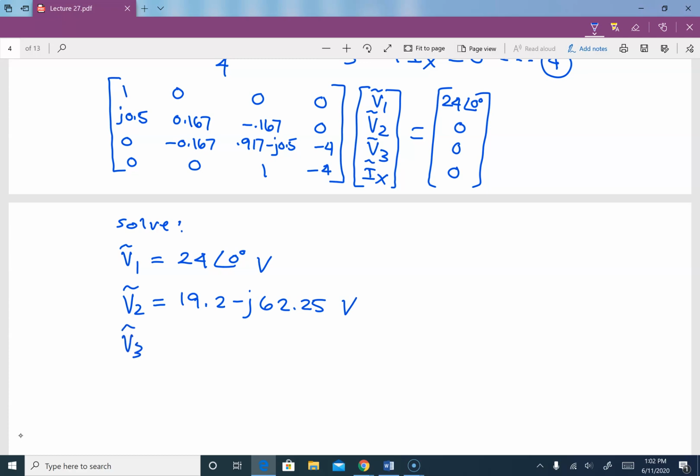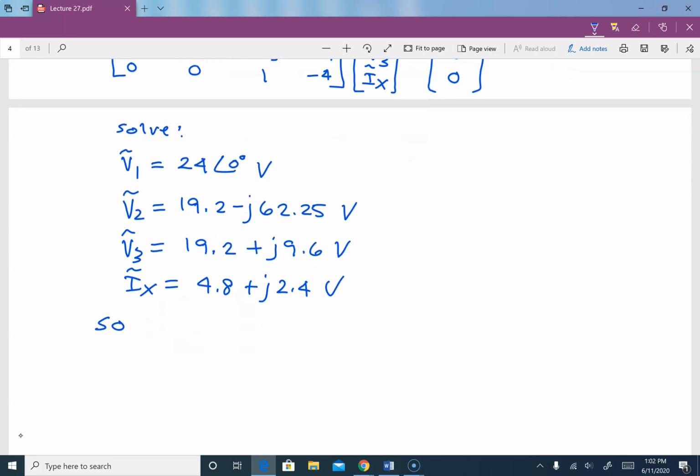Our V3 came out to be 19.2 plus J 9.6 volts. Our Ix came out to be 4.8 plus J 2.4 volts.